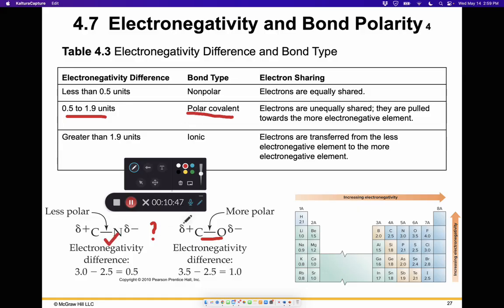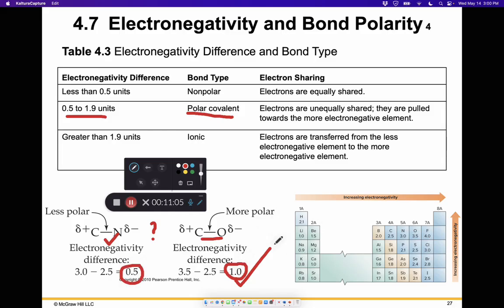Now, if the question is which of these is more polar, CO or CN, then you choose CO as the more polar, because the electronegativity difference here is 1 versus 0.5 in the CN.